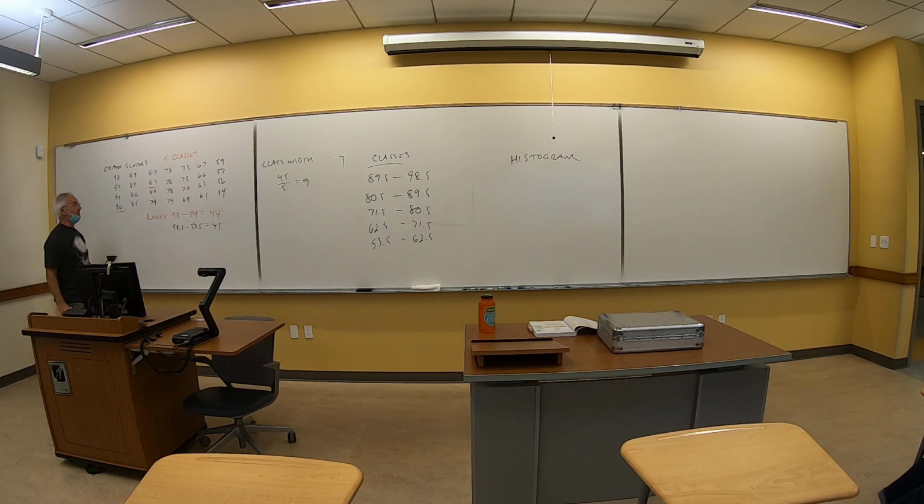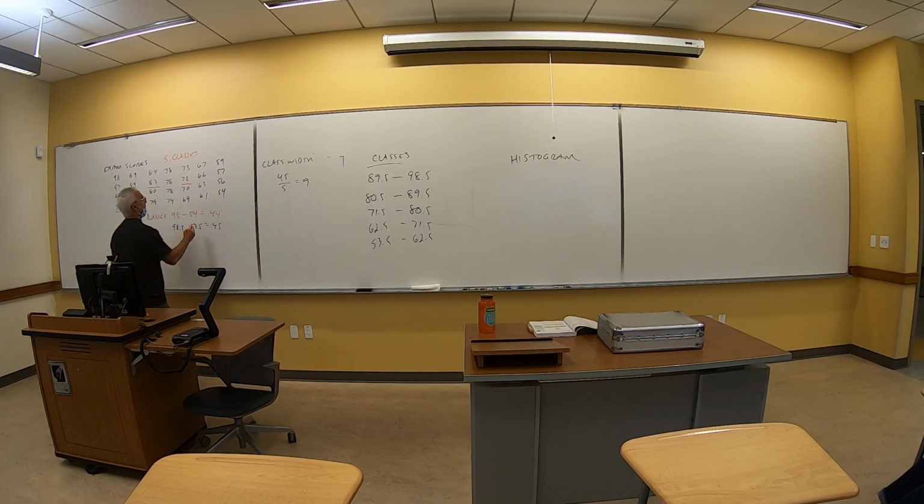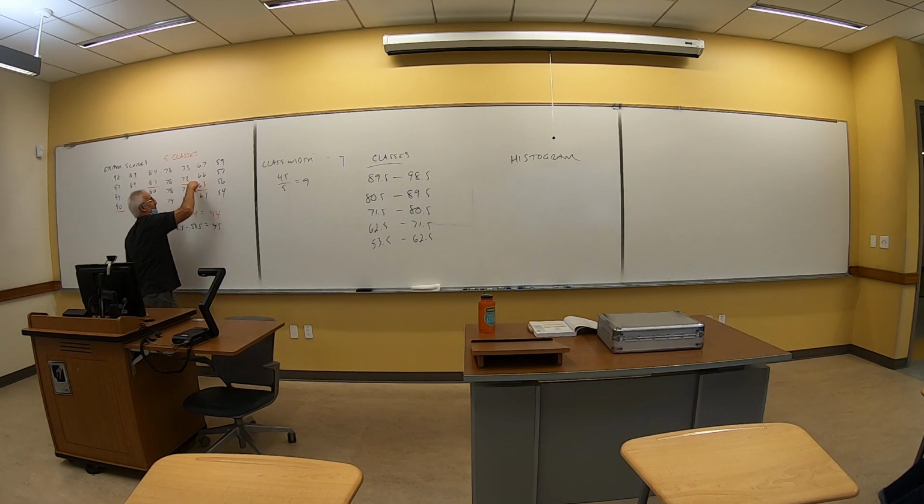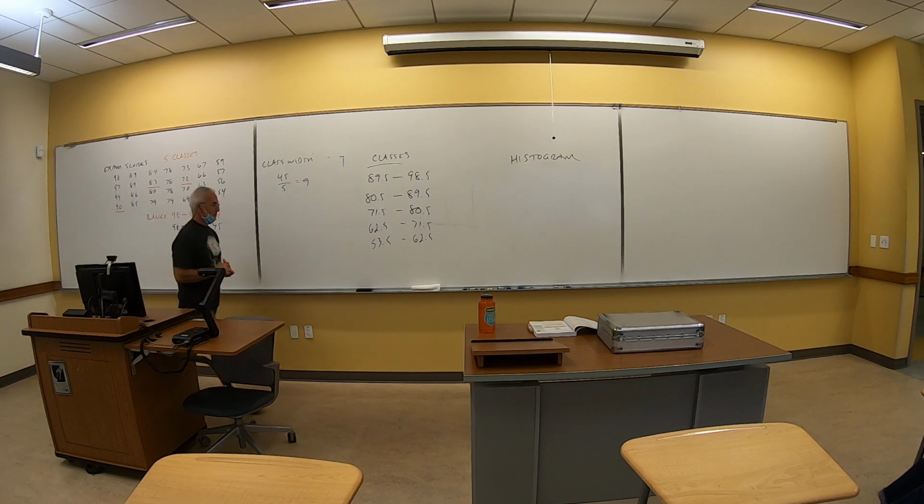Okay, next cutoff, 71.5. 70 is below, 72 is above. Next cutoff, 62.5. And that's it. There's the first class, there's the second class, there's the third class, there's the fourth class, there's the fifth class. Okay?